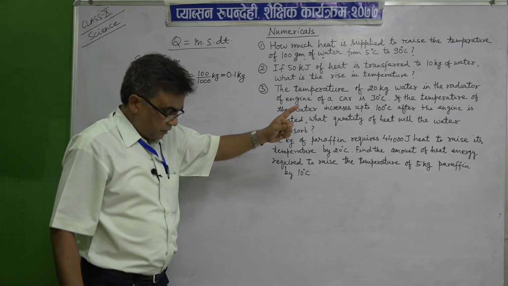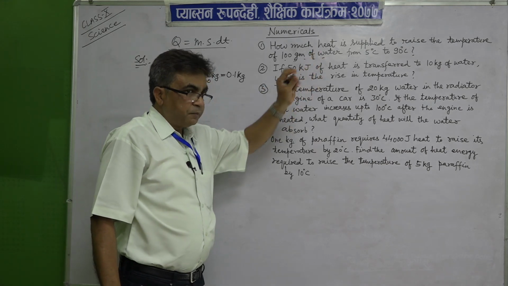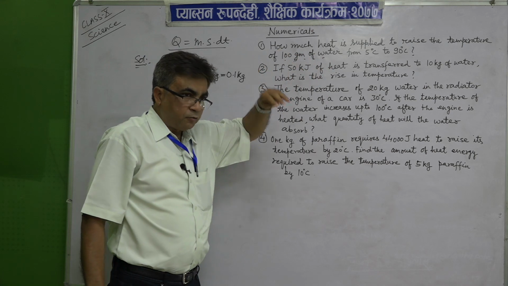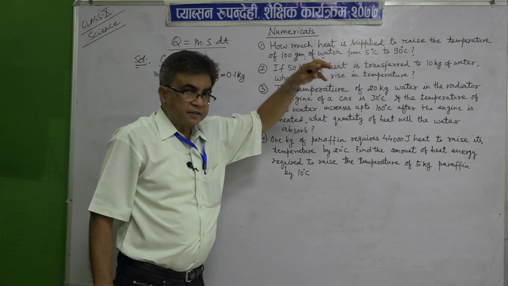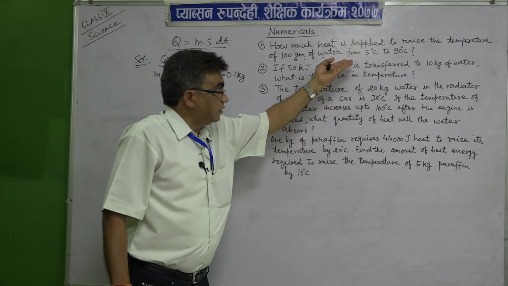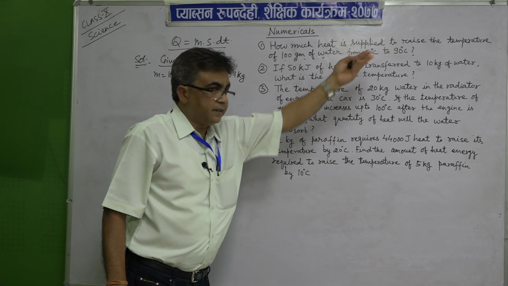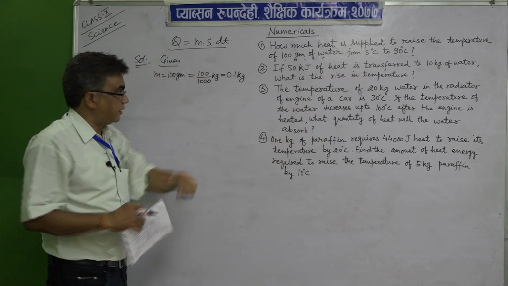Now, further in the question, we are supplying heat. Initially the water was at 5 degrees centigrade, and due to the supply of heat, the temperature has become 90 degrees centigrade. So, what is dt? dt means temperature difference.